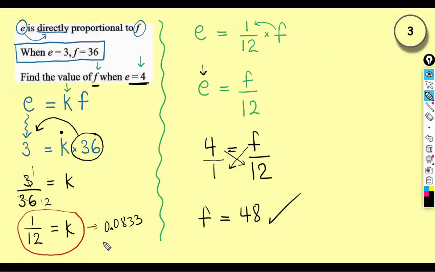Remember, if I were marking an exam paper and I see you change 1/12 to this, I'm going to take away marks, because it's kind of like mathematical manners. Whenever you have a recurring decimal that goes on forever, try not to use that. Use the fraction itself. So call it mathematical table manners, okay?